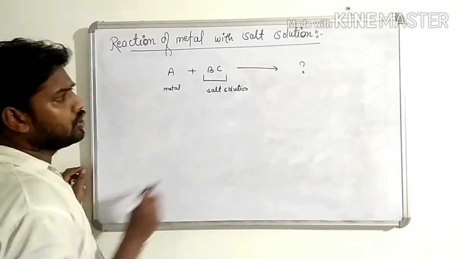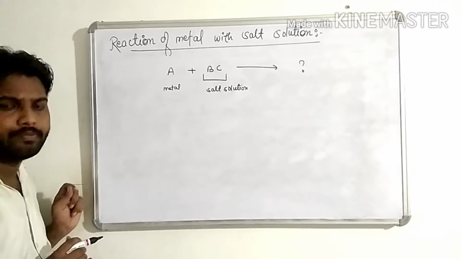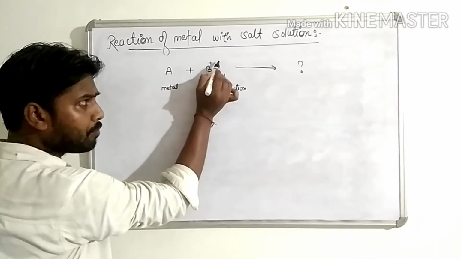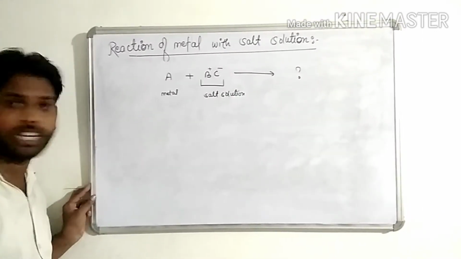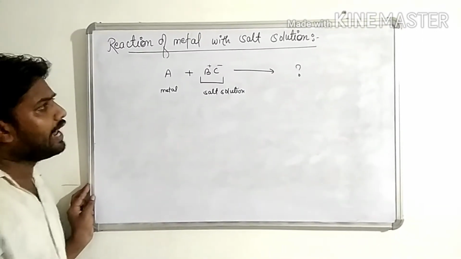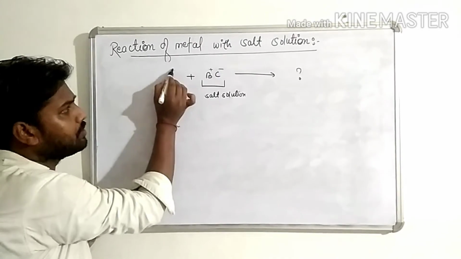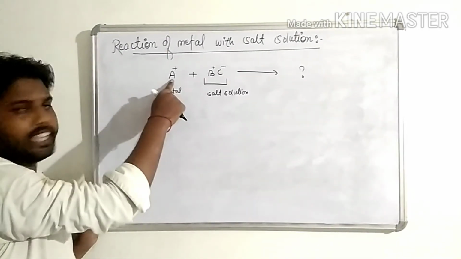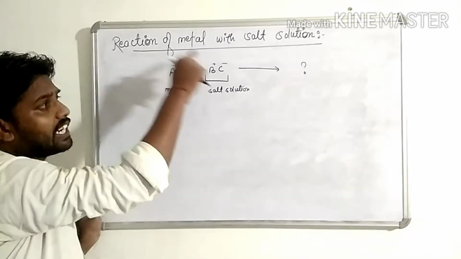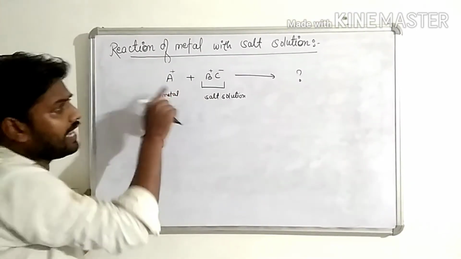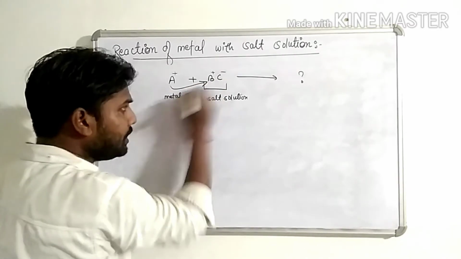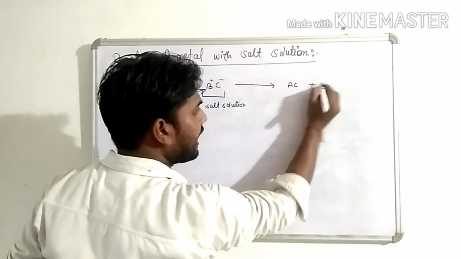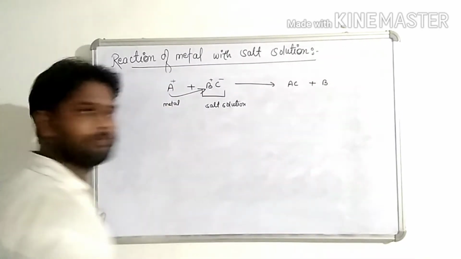Now children, you all know very well that the salt solution is the combination of positive and negative charge, and the metal has a positive charge. If metal A is more reactive than metal B, then it displaces B and the product will be AC, and B will separate.